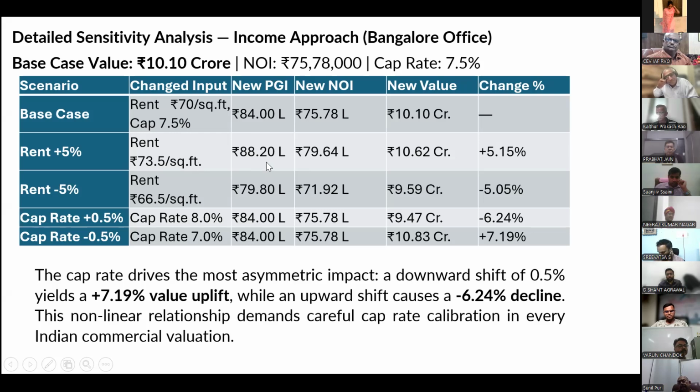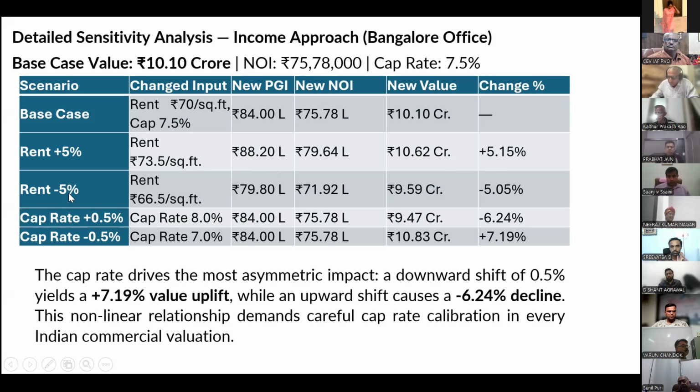The potential gross income will increase to 88.2 and the net operating income is 79.64. See here, the value is increased by 5.15%.